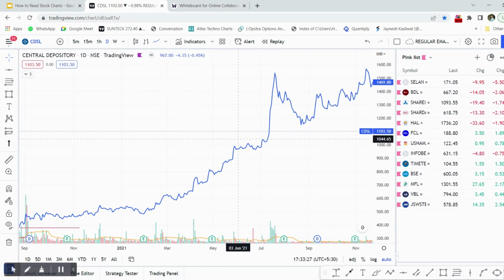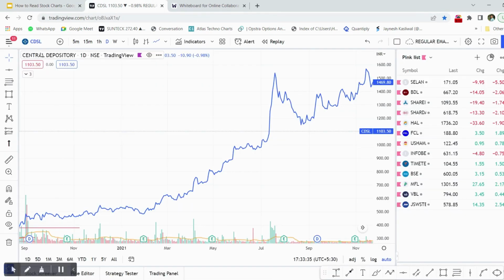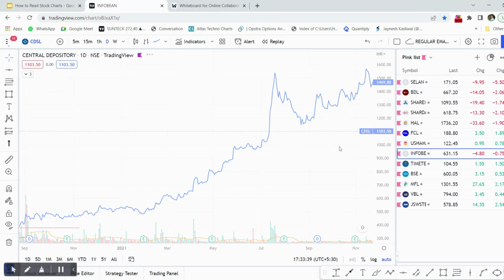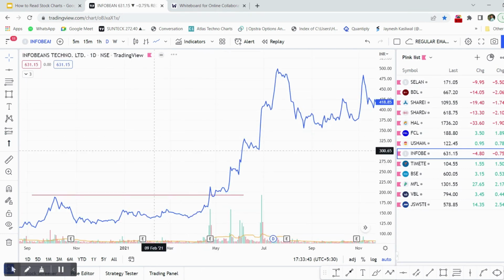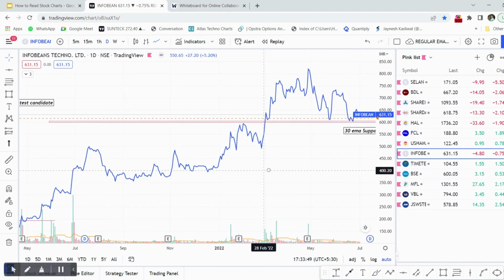So you could use the areas of reversal on the daily time period to take an entry. The second example we can use is Info Edge, let's say, where the stock is forming a clear higher high, higher low pattern, and here the stock had given us a breakout, and then the stock is continuously forming a higher high, higher low pattern, right?